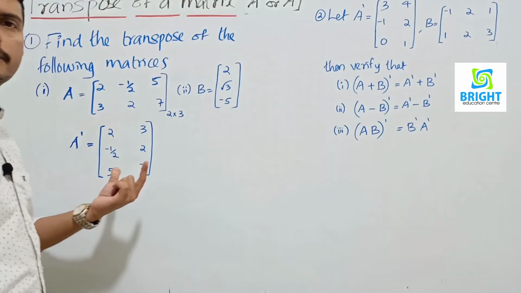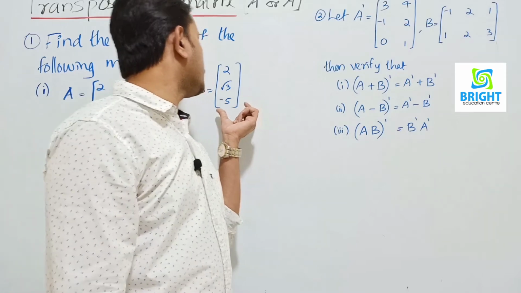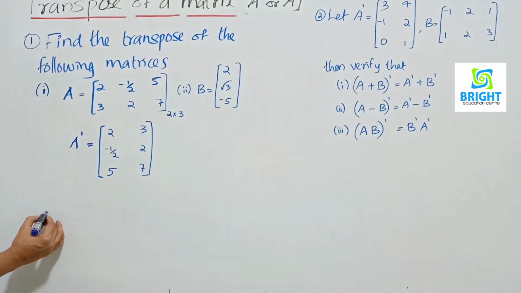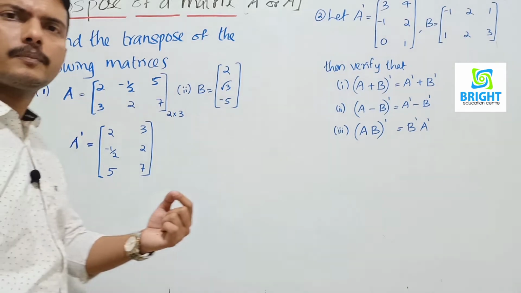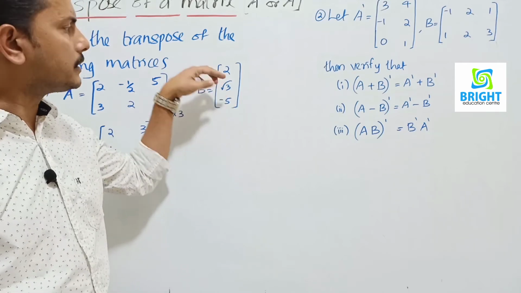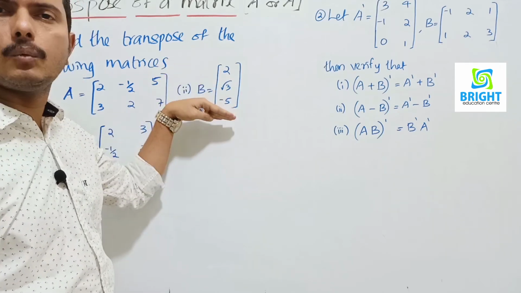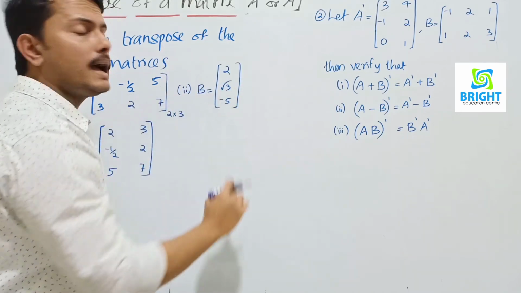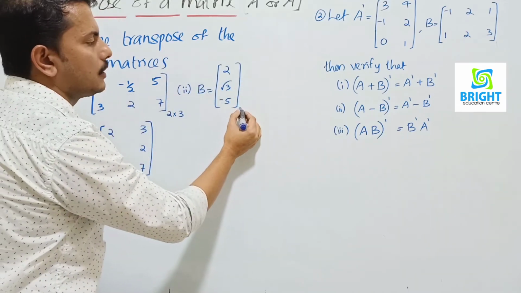Is that clear? Now the transpose of the second one. What is the order of this matrix? It is 3 by 1. Why? There are 3 rows and 1 column over there.